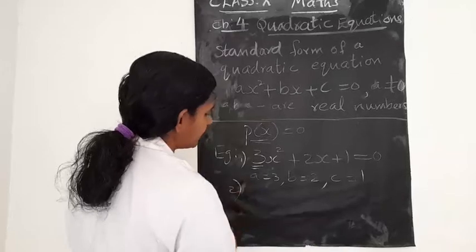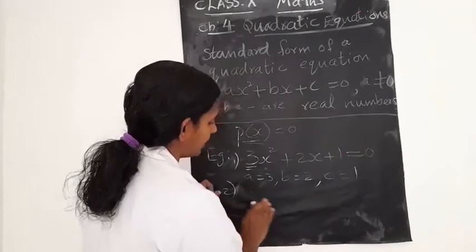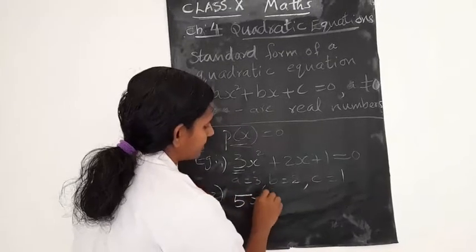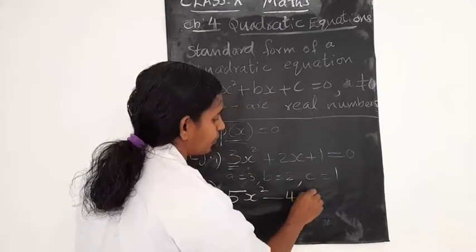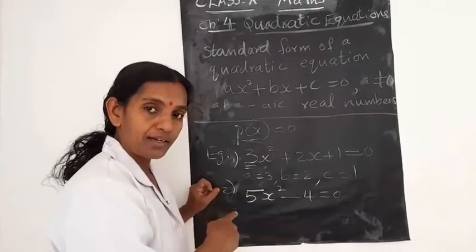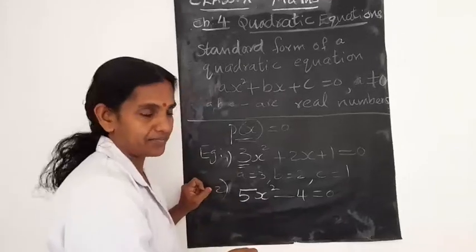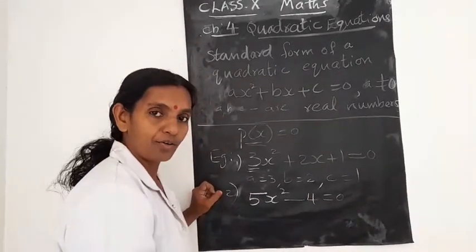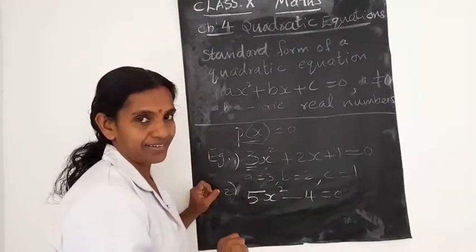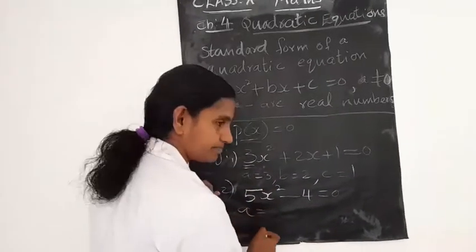This is the first example. Second one: 5x square minus 4 equal to 0. Whether it is a quadratic polynomial? 5x square minus 4? Yes. So equating to 0, it is a quadratic equation. What is a equal to?